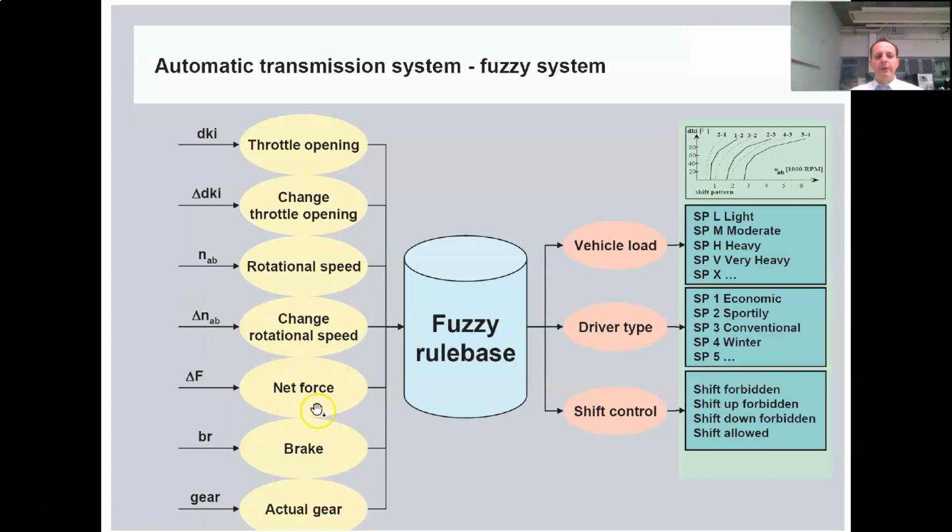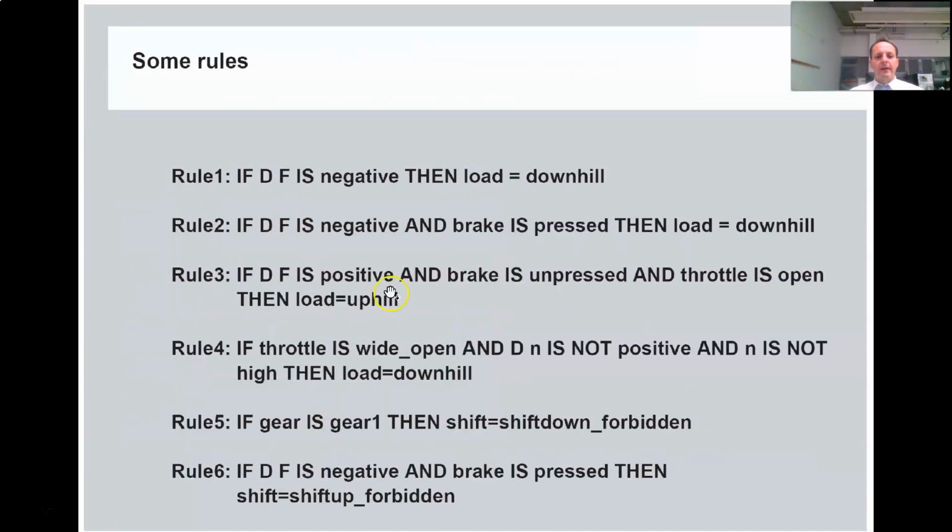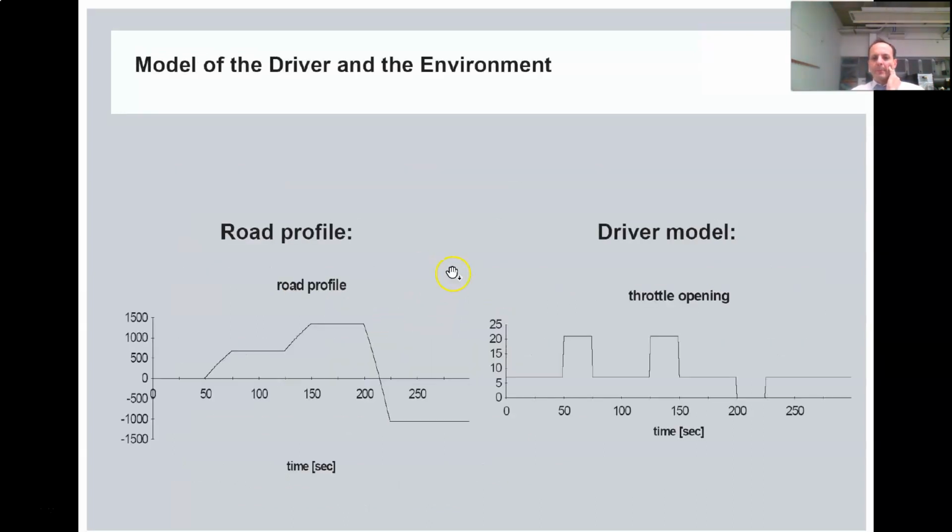For example, if the delta of the force is negative, it means that we are going downhill, or again, if the delta of the force is negative and the brake is pressed, then the load is downhill. Or if the delta force is positive and the brake is unpressed and the throttle is open, then the load is uphill, we are going up, so depending on these values.